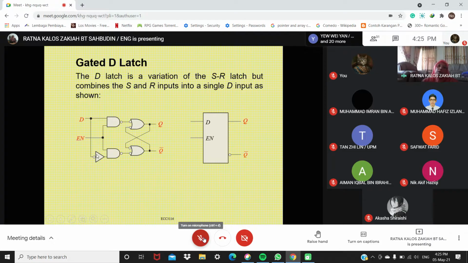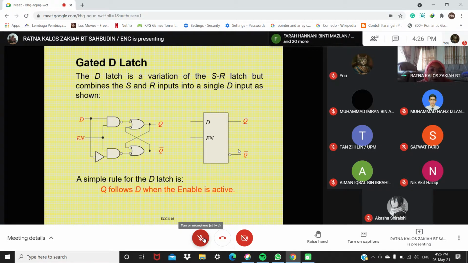So you modify a bit of the gated SR latch, then you get a D latch. The D latch has D, enable, Q and Q bar. This is the symbol.